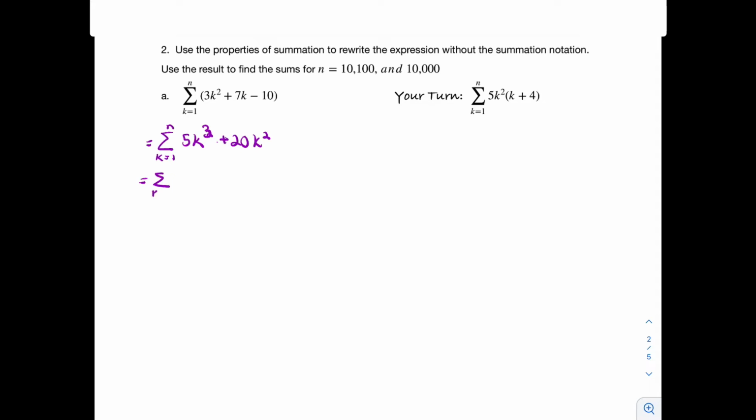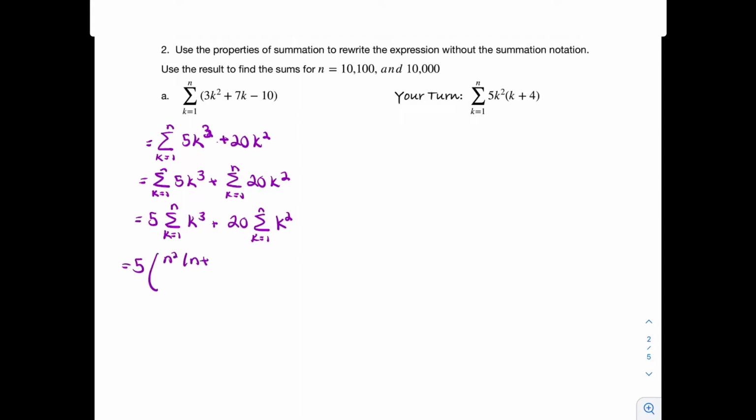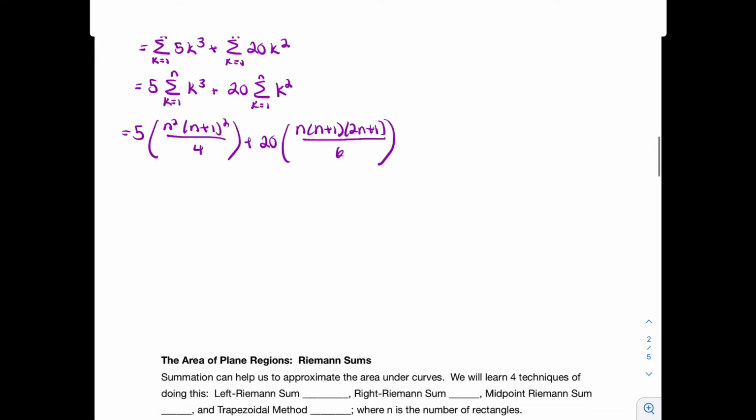And then I can distribute the summation symbol to each term and factor the constant out of each summation term. And then replace k squared and k cubed with our summation formulas that we learned earlier. And now it's just simplifying this expression down. And I do want you to simplify it down.